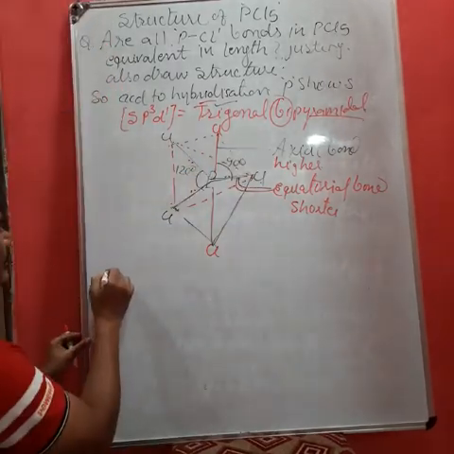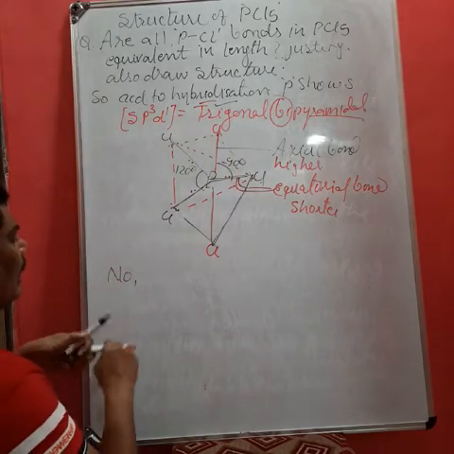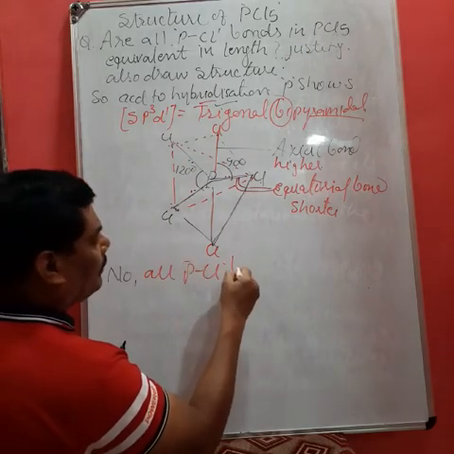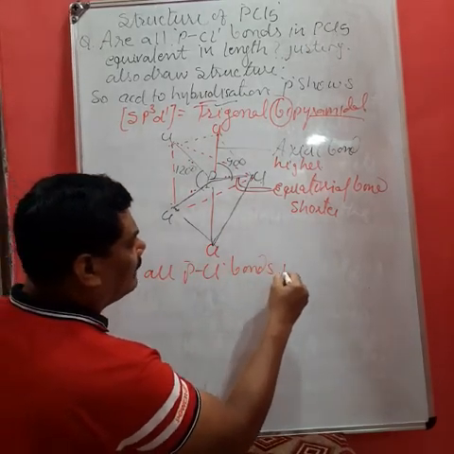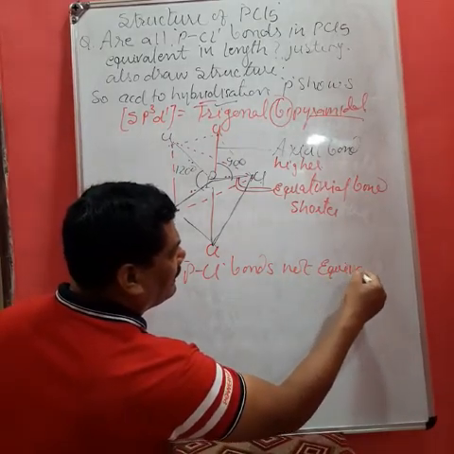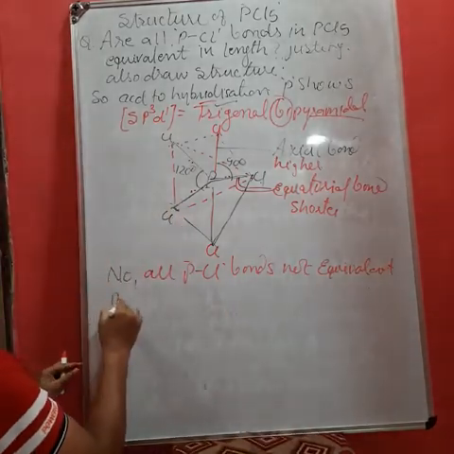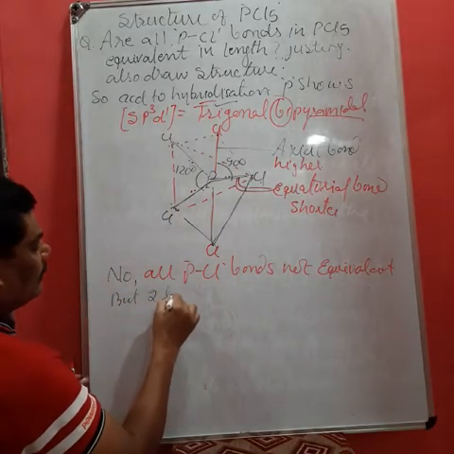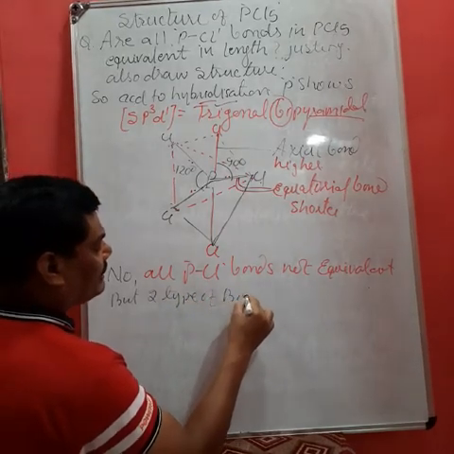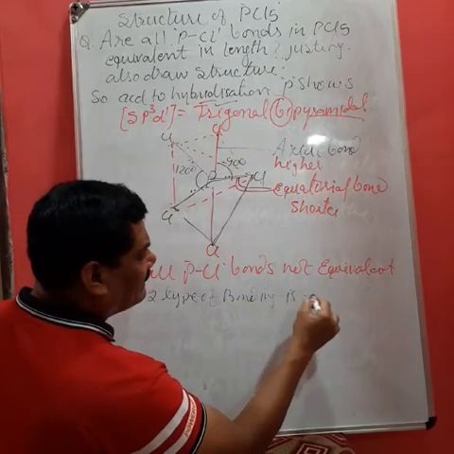So our answer will be: No, all P-Cl bonds are not equivalent, but two types of bonding are present.